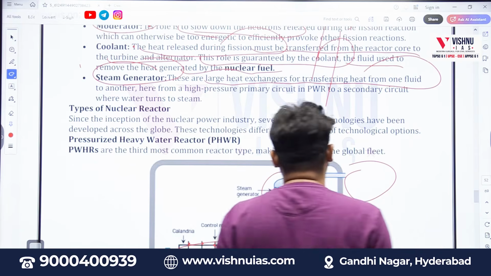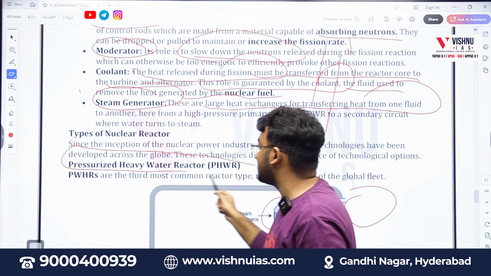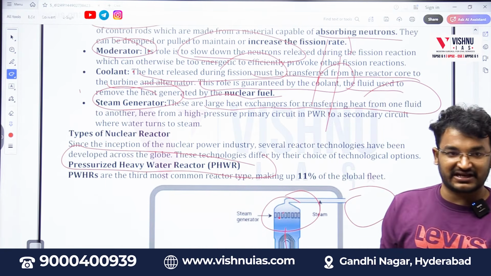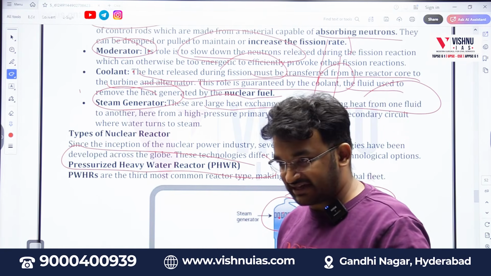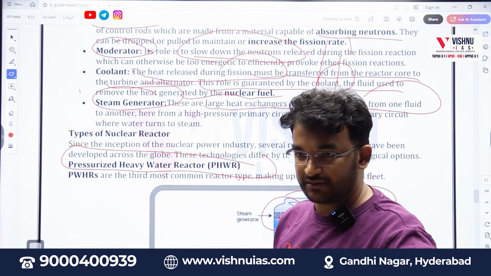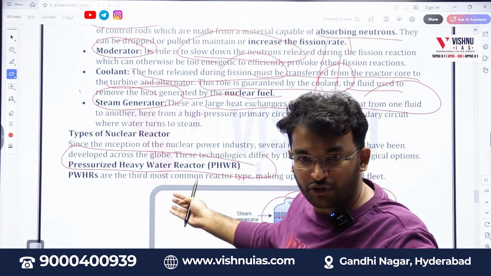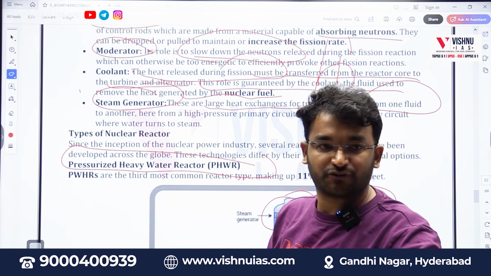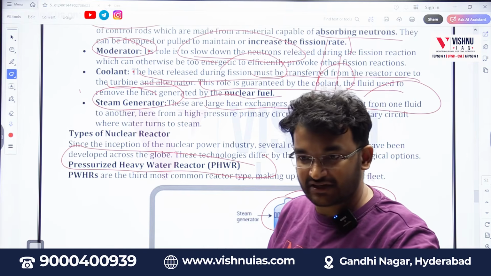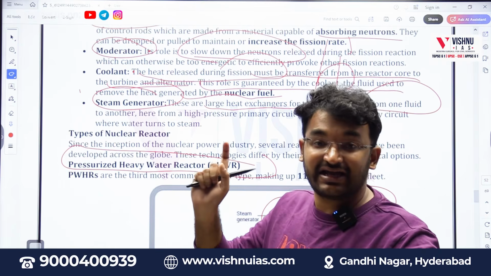Now in this, first we have to discuss about pressurized heavy water reactors. Now this is the third largest type of reactors in the world. అయితే ఇండియాలో ఉన్నవన్నీ ఇదే. There are even more better reactors called as light water reactors, boiling water reactors and all, but we are using pressurized heavy water reactor.